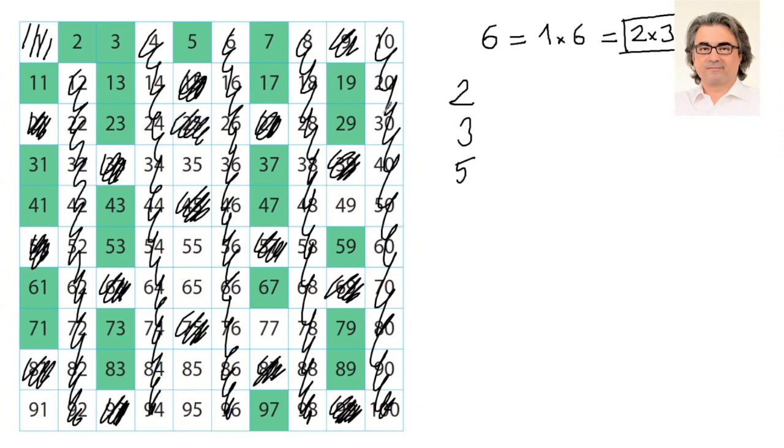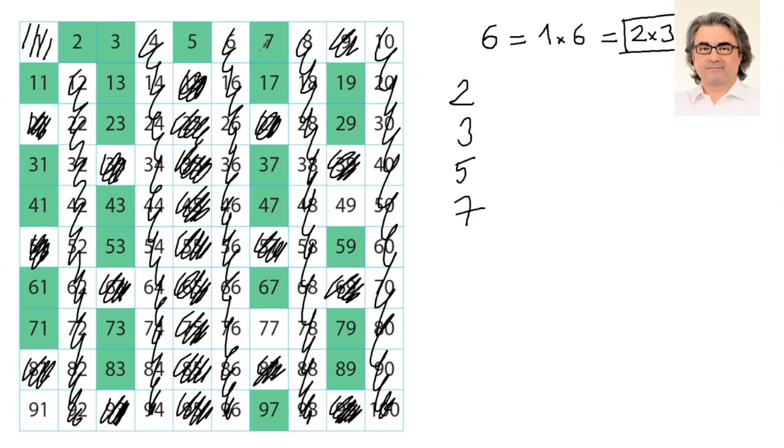Let's claim it. 30, 35, claim. 40, 45, 50, 55, 60 claimed, 65, 70 claimed before, 75 claimed before, 80 claimed before, 85 is here, claimed, 90 claimed before, 95 claimed, and 100 claimed before. So let's go with 7.